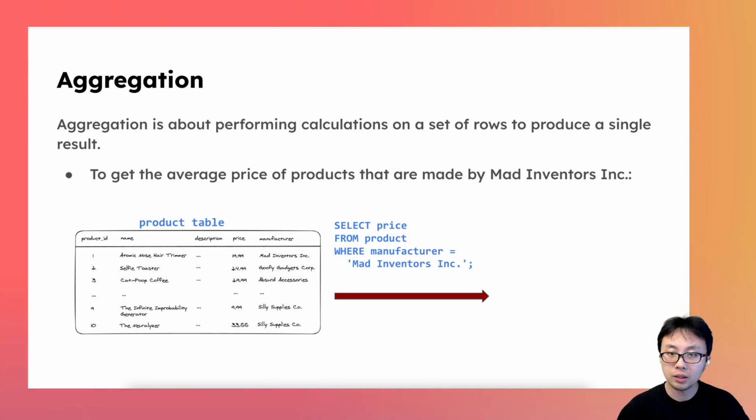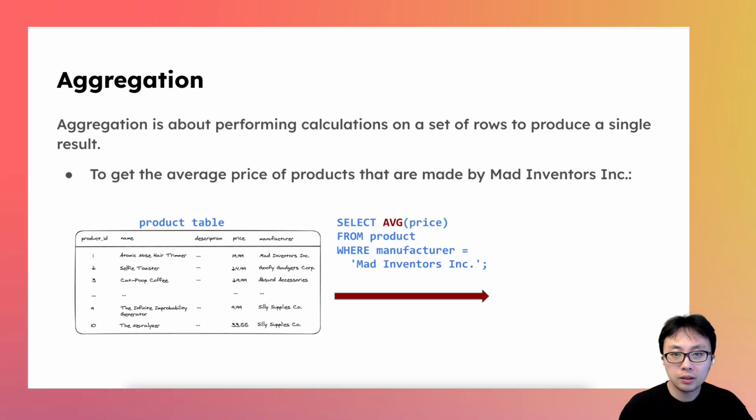Having access to all the prices of such target products makes calculating the average price simple. All you need to do is to apply the corresponding aggregate function average to the price column in the select clause, like this. The result of this query will be a data point in a single row and a single column, representing the average price.